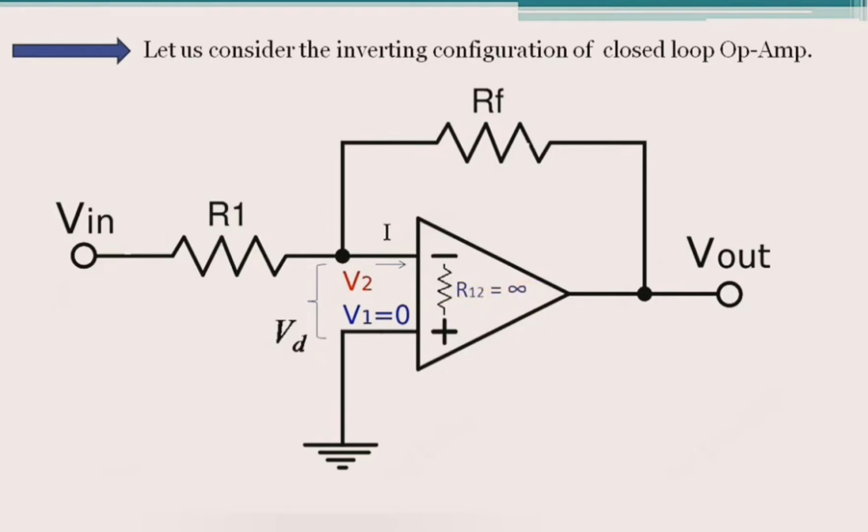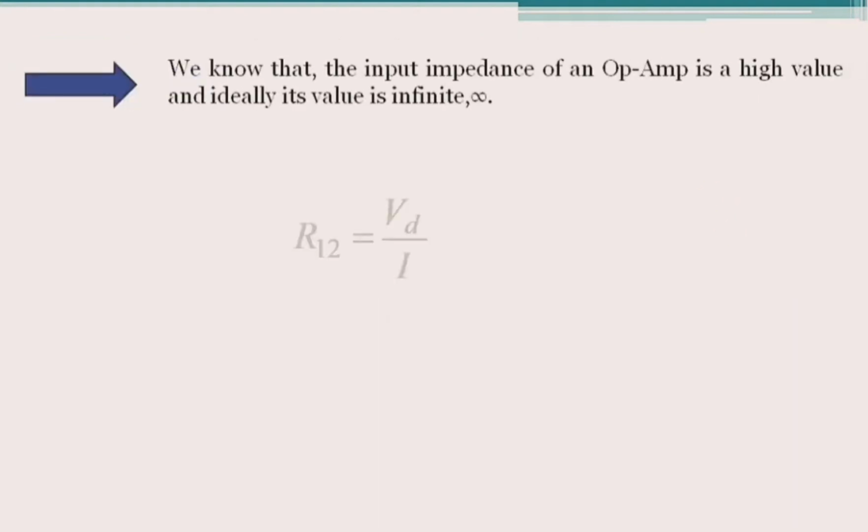We know that the input impedance of an op amp is a high value and ideally its value is infinite. The potentials I have considered are V1 and V2, that's why I have written the resistance as R12. From the circuit we can write R12 equals the input voltage Vd divided by I. This equation we obtain from Ohm's law.